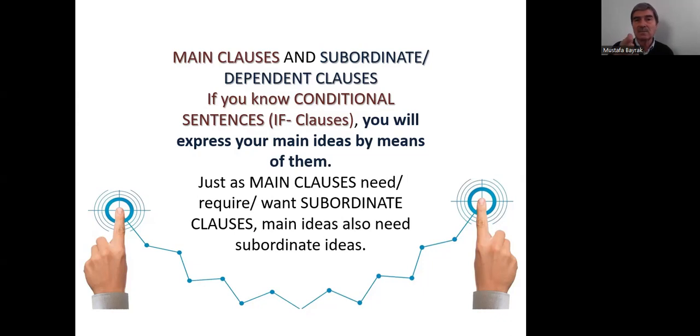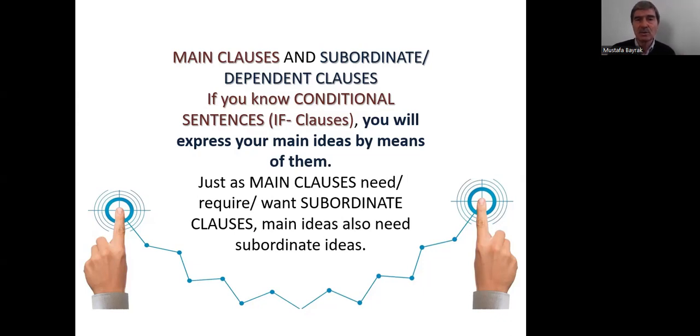So the dependent clauses are the branches of the main clause. They feed, okay? They feed the main clause. For example, if you know conditional sentences, if clauses, you will express your main ideas by means of them. Yes, you can express your main ideas more clearly by means of them.